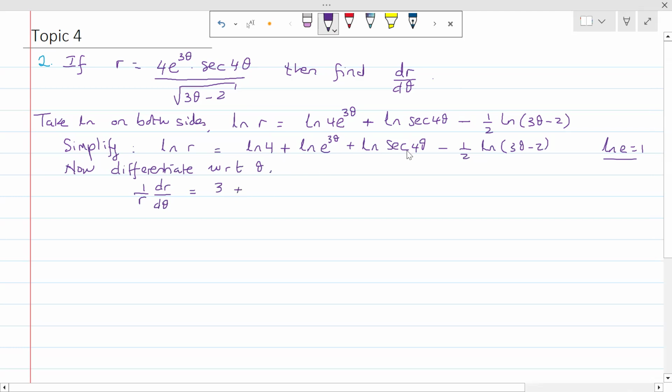Then plus ln sec 4θ. Now I need to differentiate this, and when I divide it by sec 4θ, it's going to be equal to 4 sec 4θ tan 4θ over sec 4θ. And then for this part, this minus half stays here. I leave it. And this becomes, I'm going to have 3 as well here.